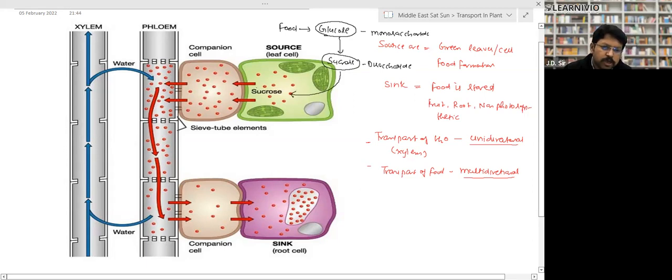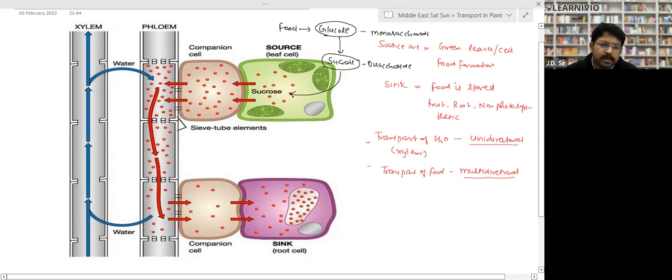This sucrose is transported from the source or leaf cell to the companion cell, right? They are transported to the companion cell due to the potential gradient, or we can say the concentration gradient.